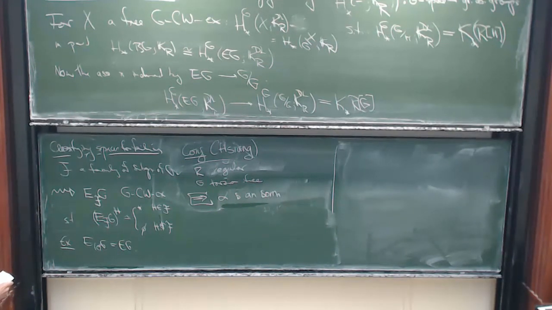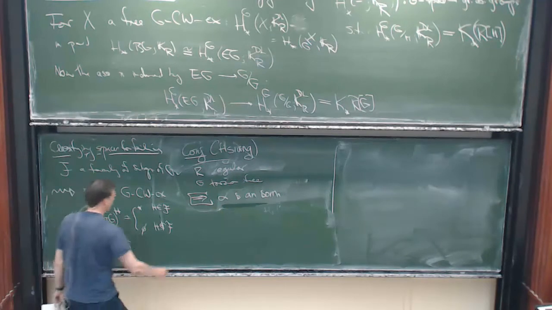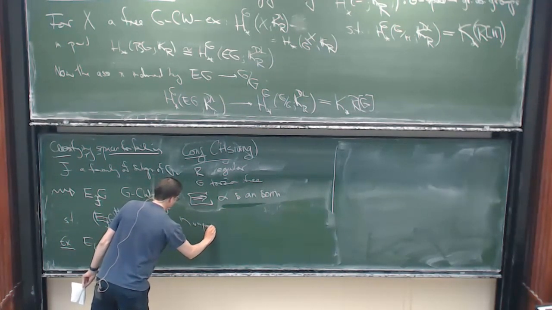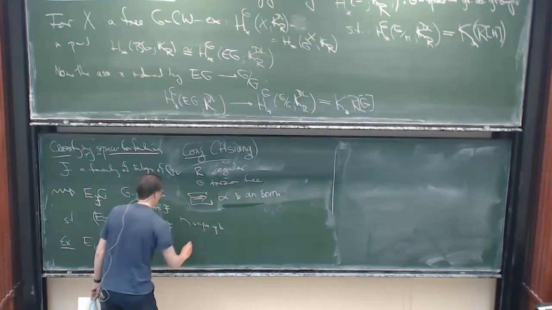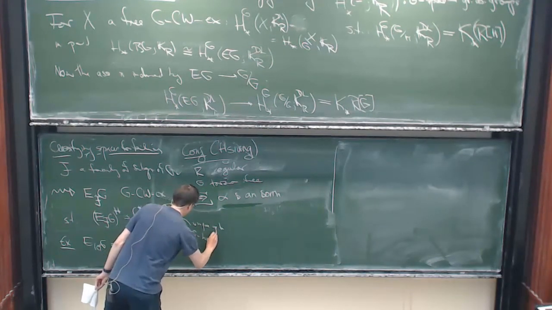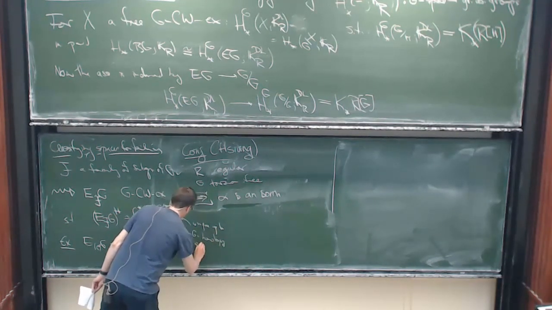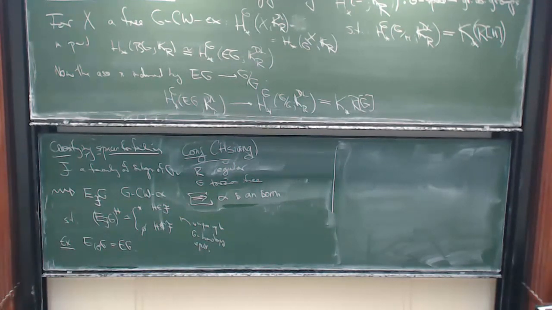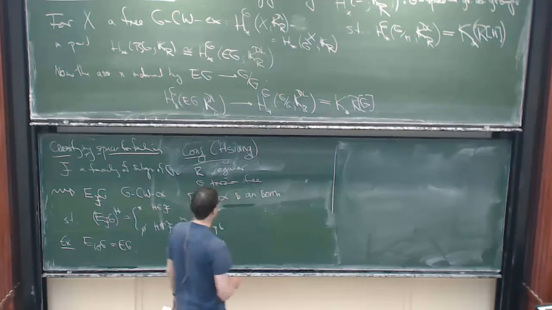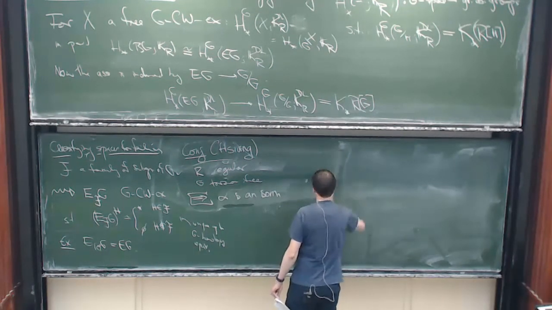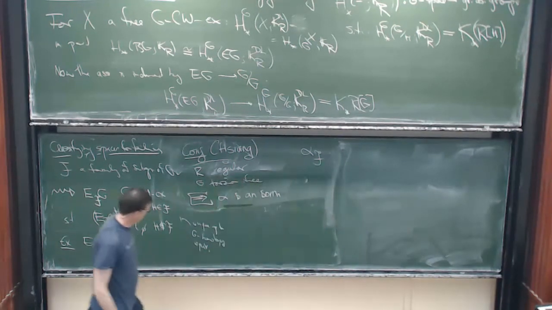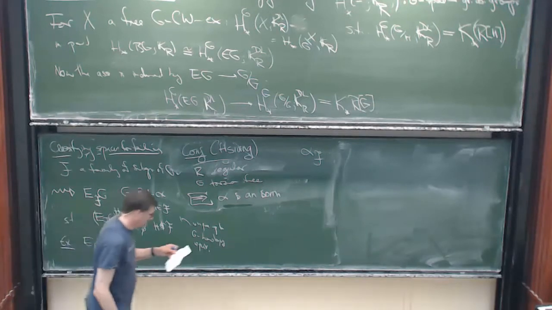Okay, and this space is unique up to G homotopy equivalence, just like BG and EG weren't really spaces but only homotopy types. And then we can define an assembly map relative to a family of subgroups.